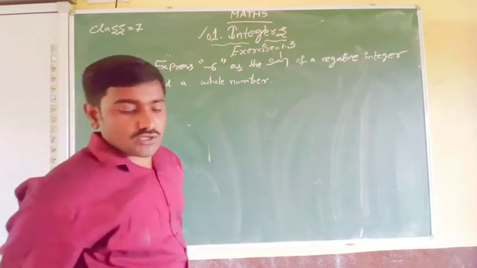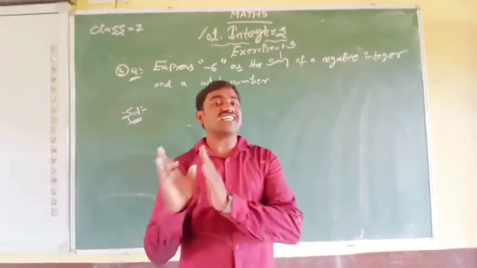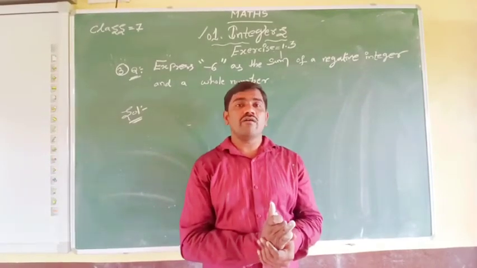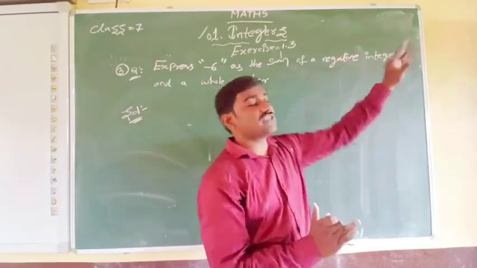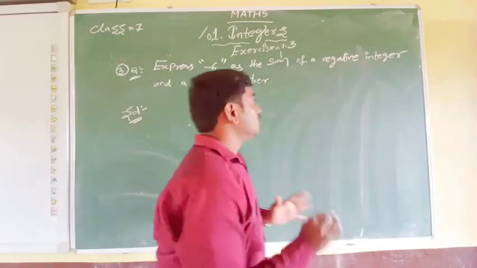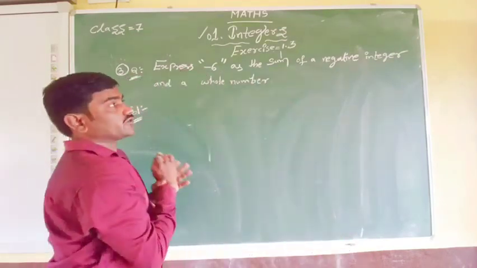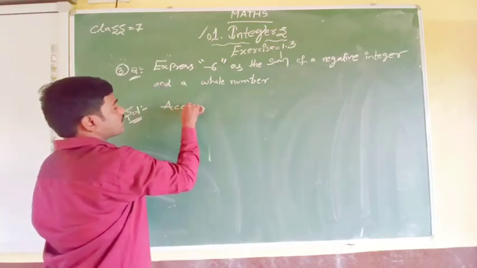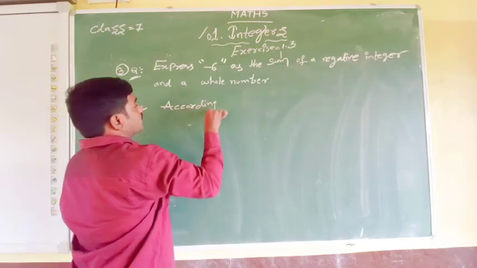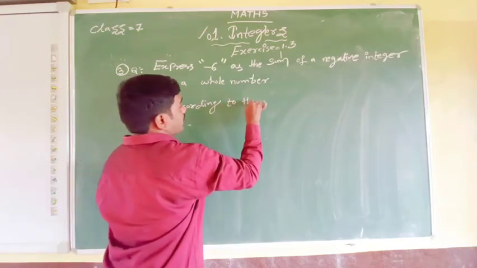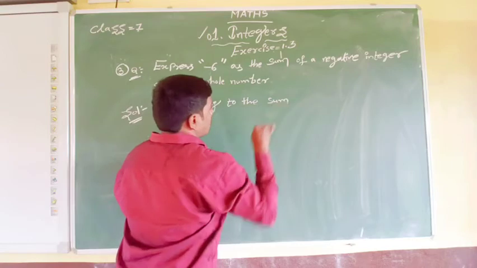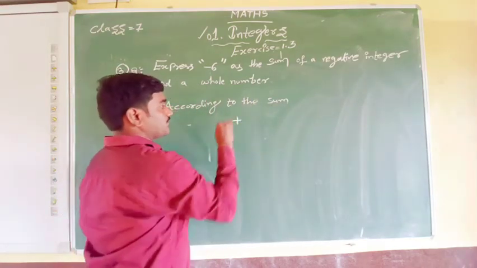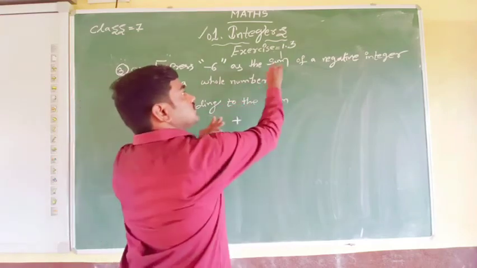Express minus 6. That means we have to get minus 6 as the answer. Express minus 6 as a sum of one negative integer and one whole number. According to the problem, sum in the sense here means addition.